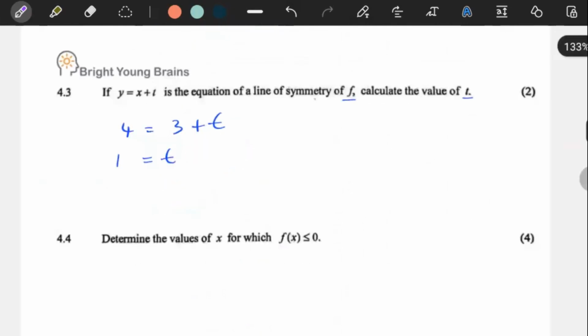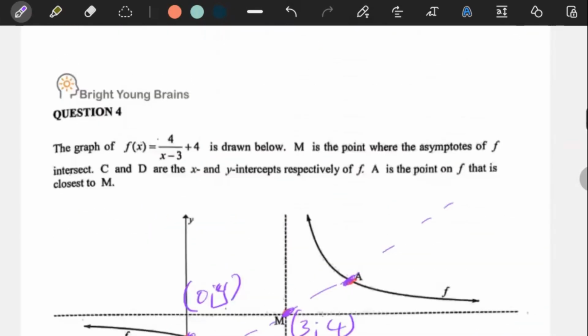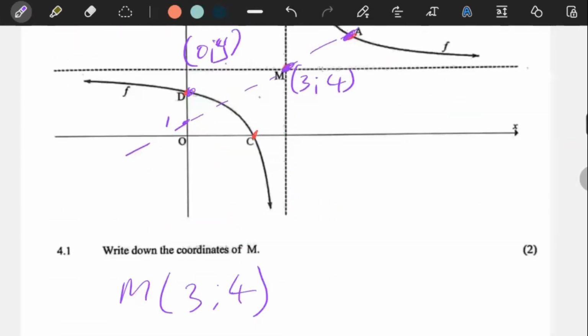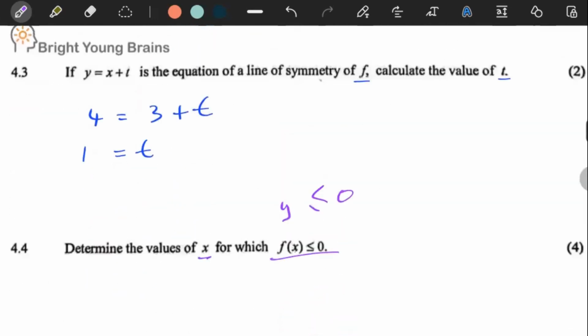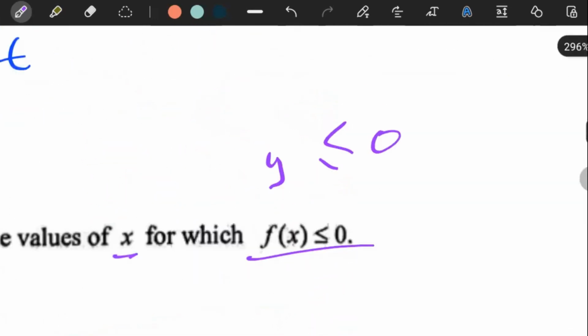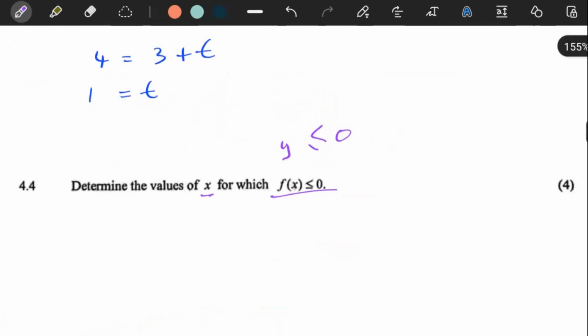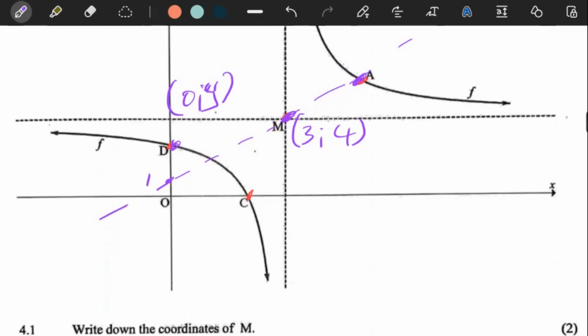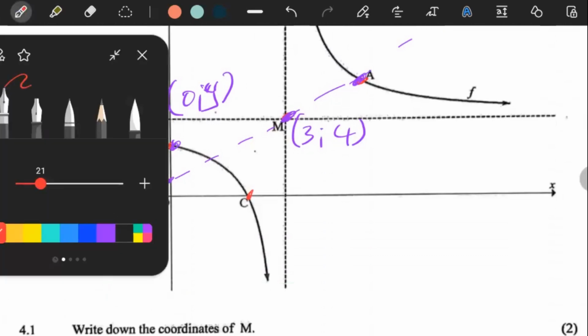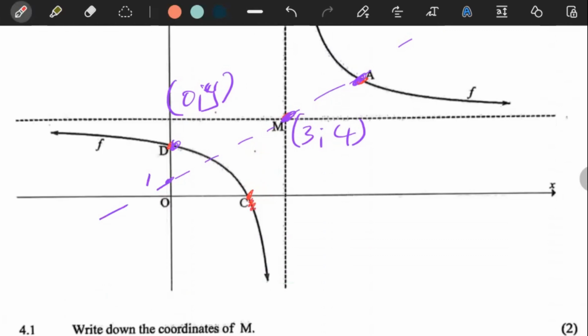Determine the values of x for which the graph of F is below 0. This is very straightforward. Determine the values of x for which the y values of F are below or equal to 0. Looking at the question again, it almost seems like they're offering too many marks for this question, but let's see. So it looks like this is the part where you have y values that are below 0.